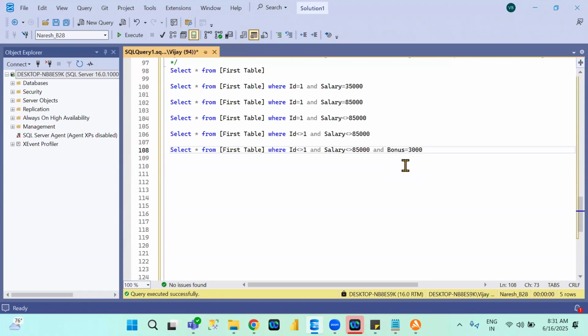Whenever you are writing more than two conditions, every two conditions must be put inside an open bracket and close bracket. Otherwise, what will happen? I will tell you, listen carefully. Very, very important point. Without brackets, if you are writing more than two conditions, sometimes first these two conditions it will verify, after that this one.